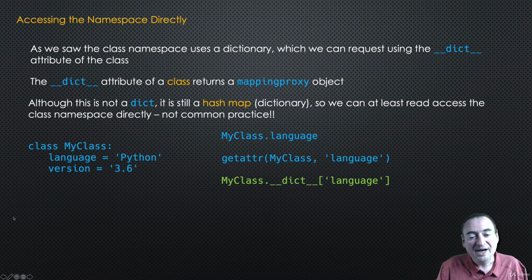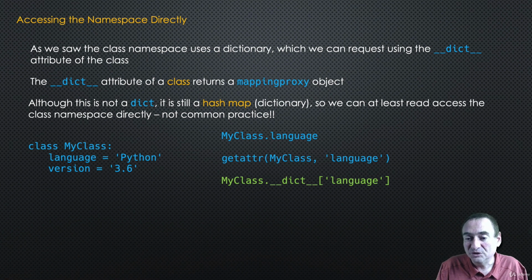Now, it is not common practice because not everything is stored in this dictionary. We'll see that later. So don't get into the habit of trying to get the value out of an attribute of an object by using this __dict__. Use getattr or use the dot notation. Don't use this because that doesn't always work.